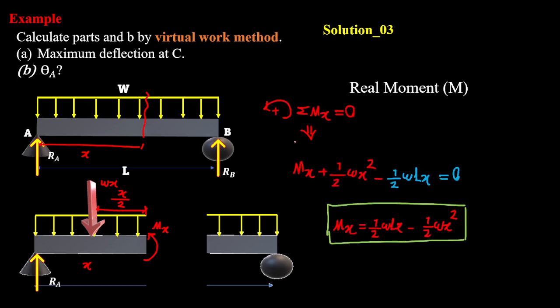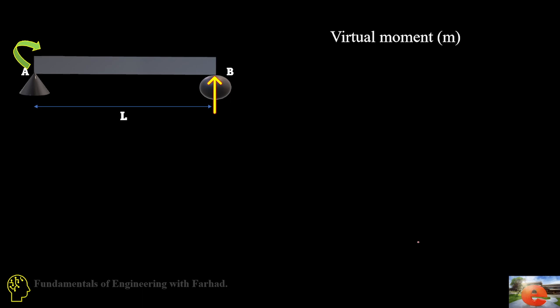Then the summation of moments about the cut goes to 0, and it gives you the moment equation, half of wLx minus half of wx squared. That was for the real moment.